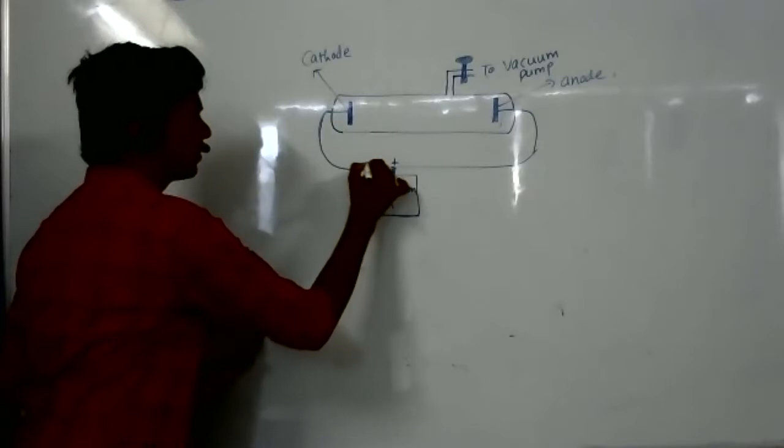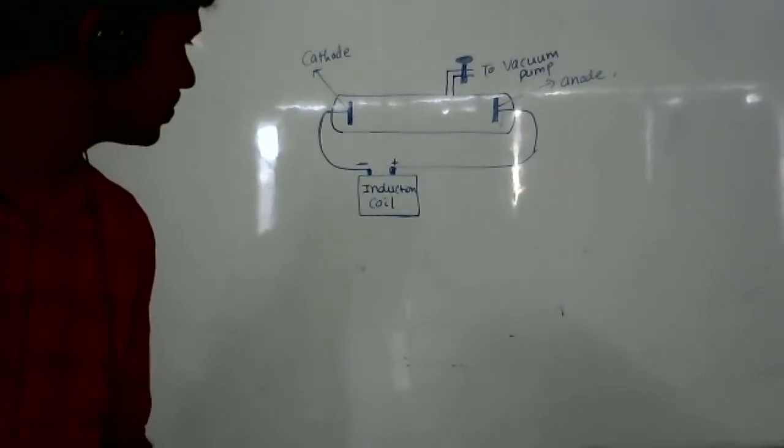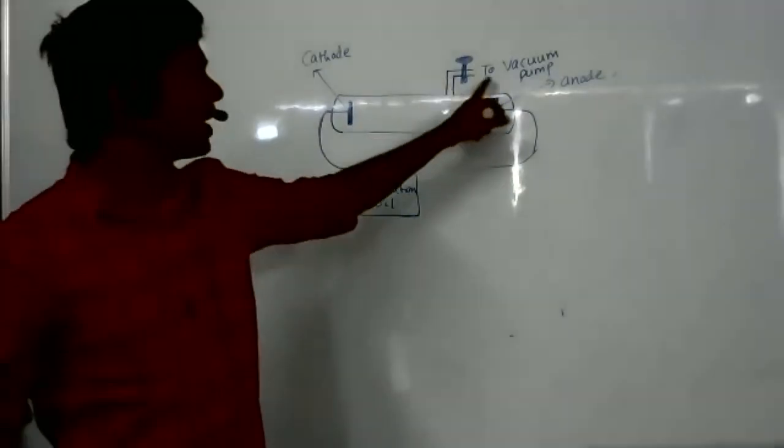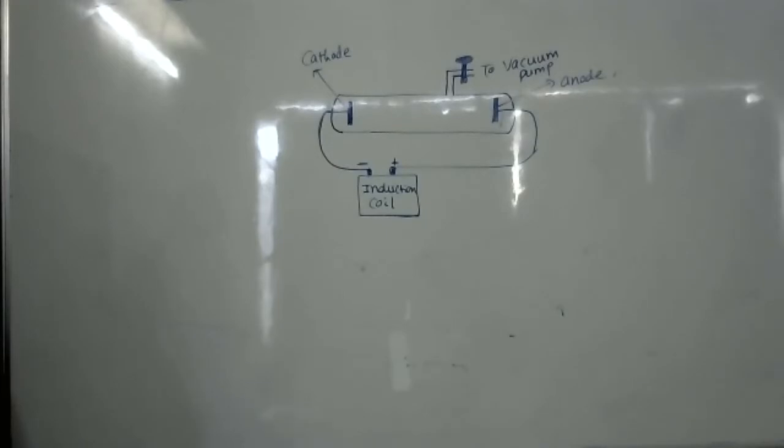Negative here, positive here. The tube which is above, that is the side tube. Yeah, this is the only side tube connected to vacuum pump.